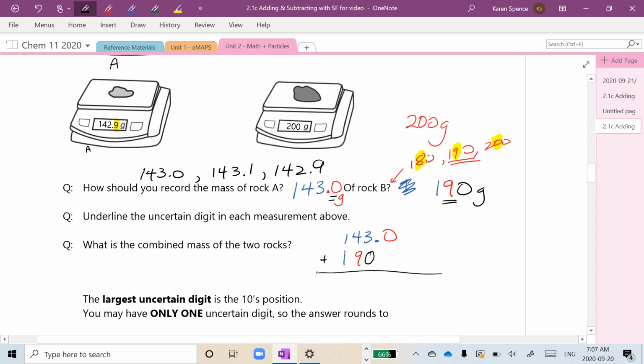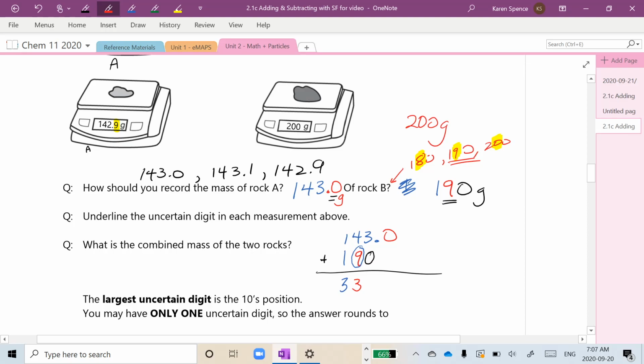So now when I add them, I get 333.0. So 300, and oh look, this digit here is uncertain. This 3, because it's made of combining the 4 with the 9, will be uncertain because the 9 was uncertain.